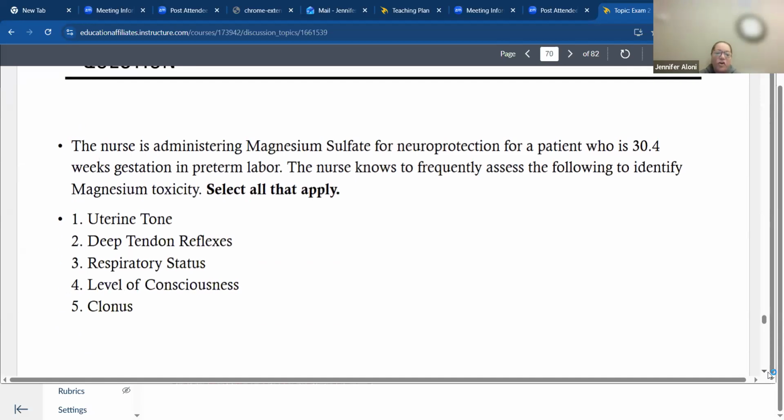All right, mag sulfate for neuroprotection, okay? So we're going to do neuroprotection to try to help the baby, okay? It depends really on a preterm, if we're helping for the baby. All right, what are we going to assess for? I don't care why the patient's getting mag. 2, 3, 4.